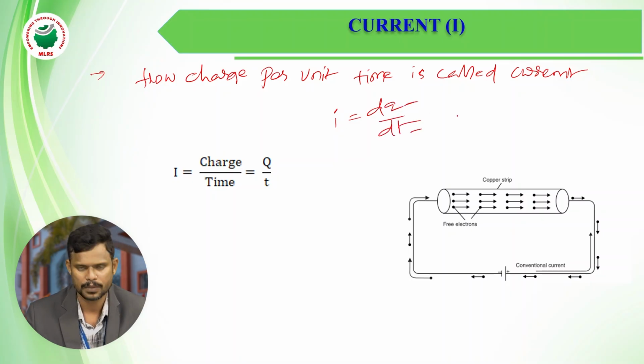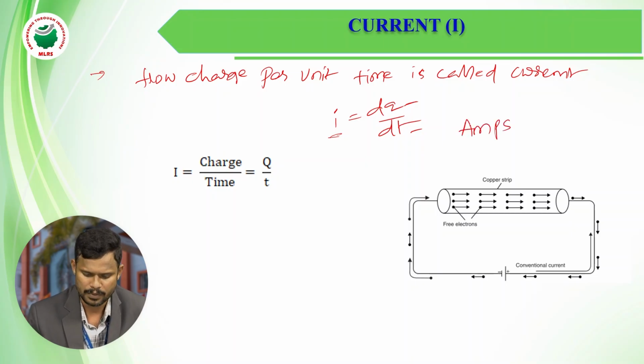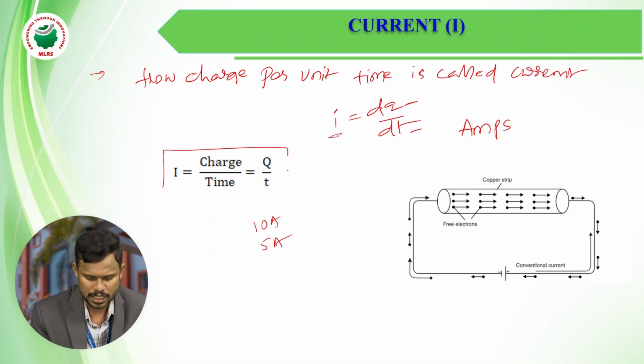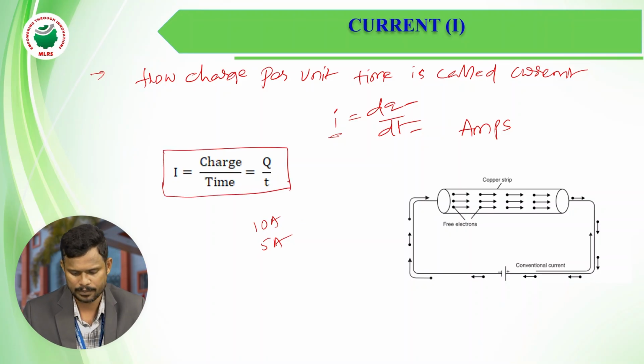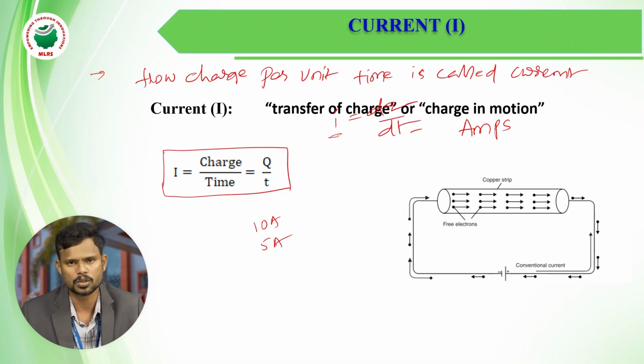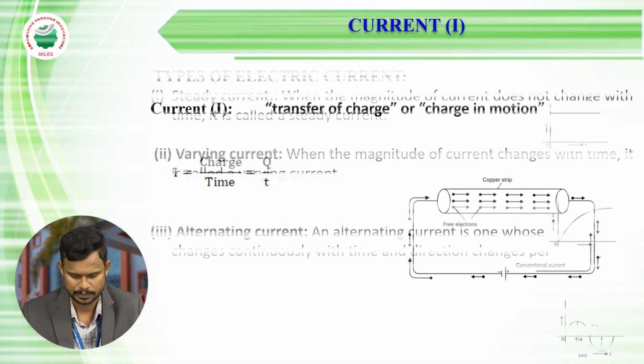Charge per unit time is called the electrical current, and the unit of electrical current is amperes. We can write electrical current like 10 amperes, 5 amperes. We also write I equal to q by t, charge per time. In other way, transfer of charge or charge in motion is also called electrical current.